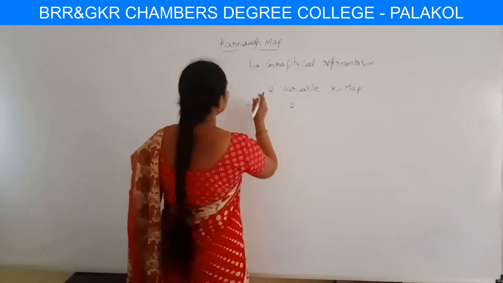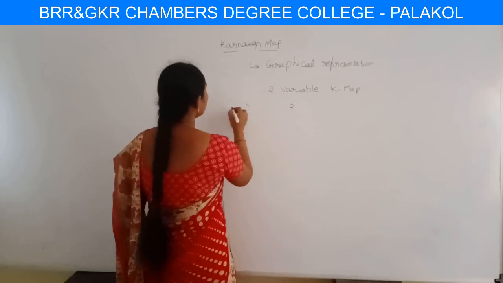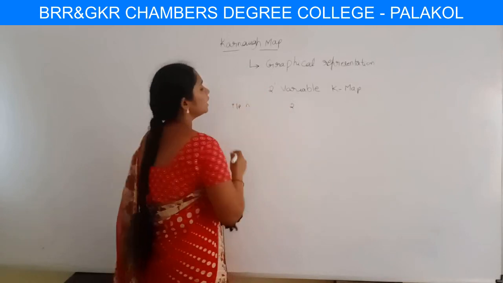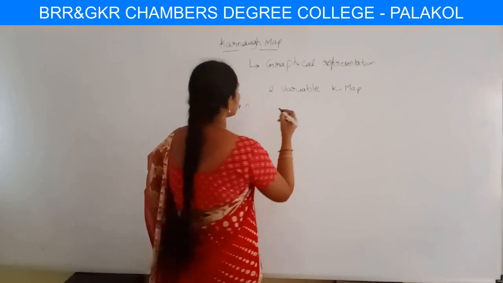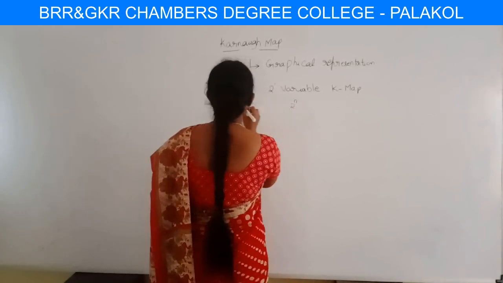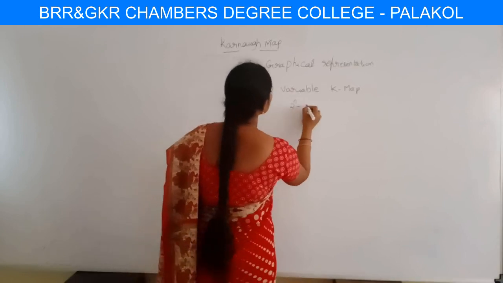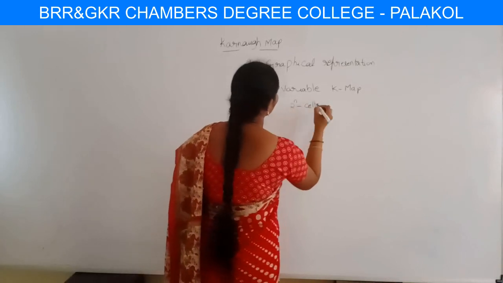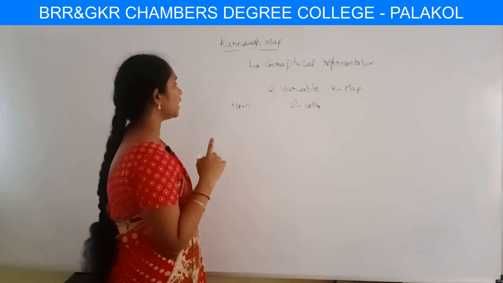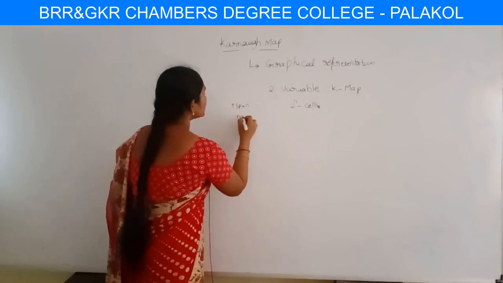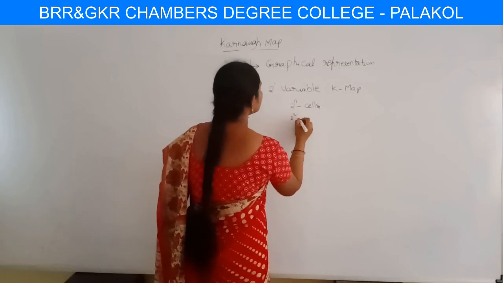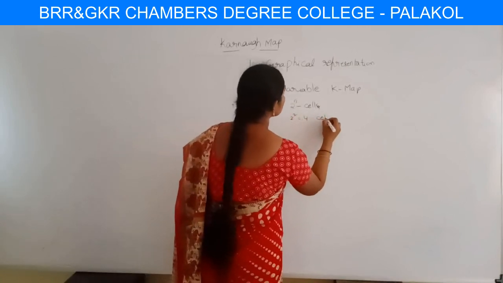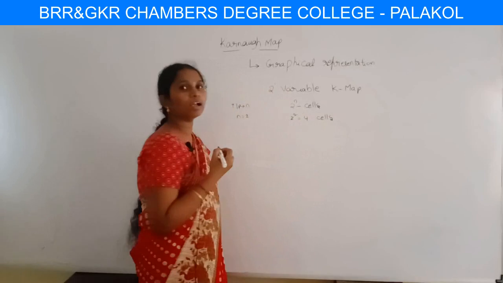For example, if we consider n number of inputs, it will give 2 power n number of cells. So here, for the 2 variable K-map, n is equal to 2, therefore 2 square is equal to 4 cells in the K-map.